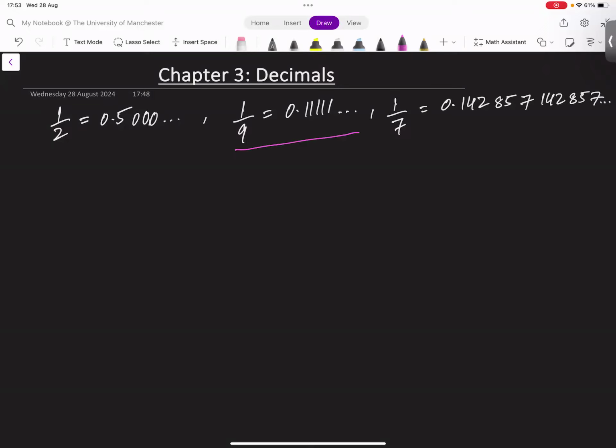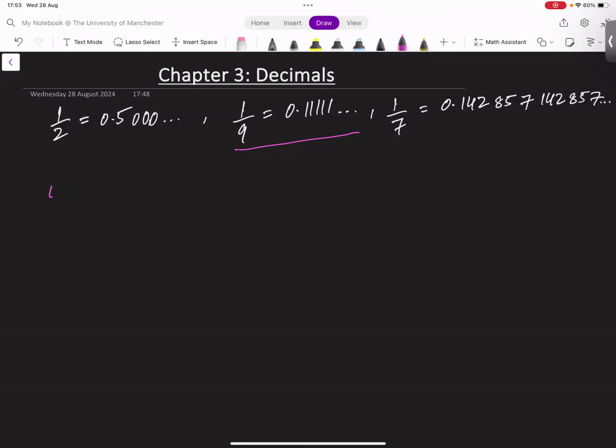We mean the sum to infinity of a series.